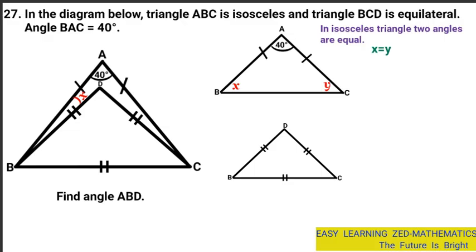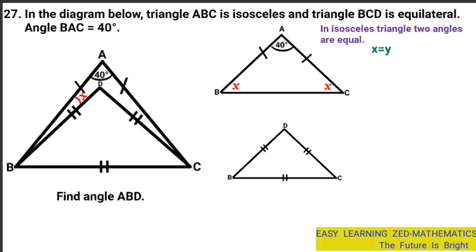Therefore, we can call them both X. So this is angle X, angle ABC is given the name X, and angle ACB is also called X, because they are equal. That's why I've given them one name, so that it can be easier for us to come up with an expression that we can use to find their value.